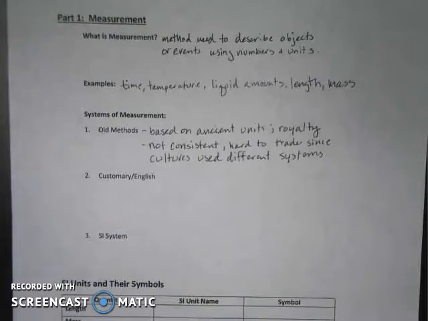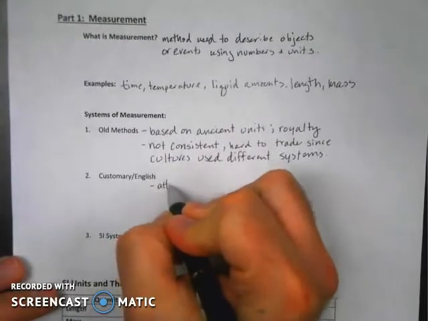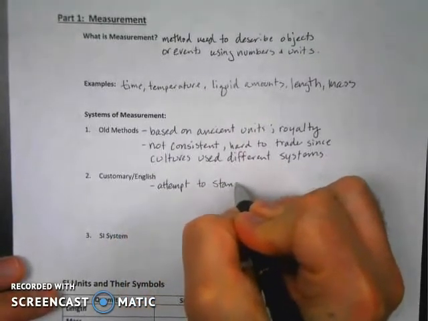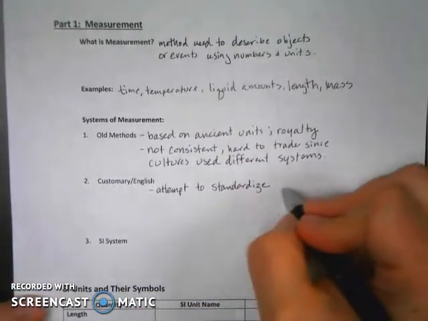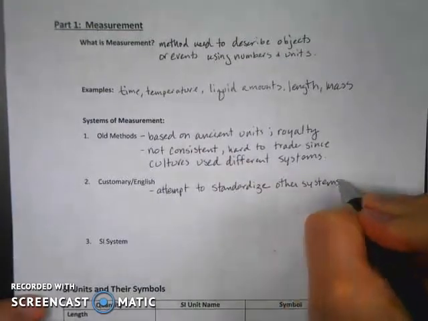And a lot of the measurements were used to be able to trade or because the English conquered a land. So this was the first attempt to standardize or bring them all together, have a system that everyone can use, other systems. And this one was used for a long time.